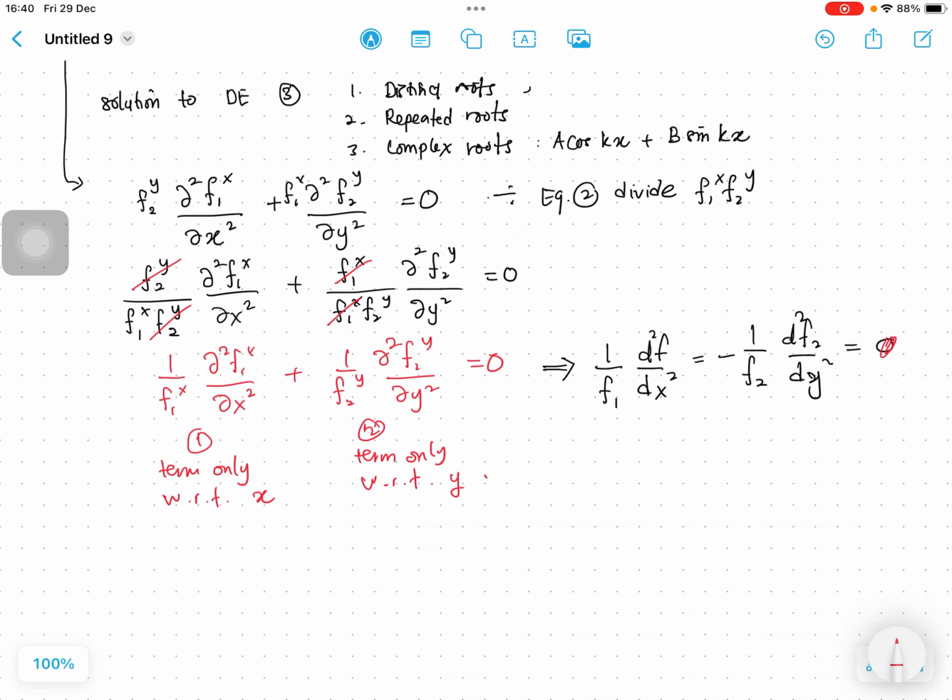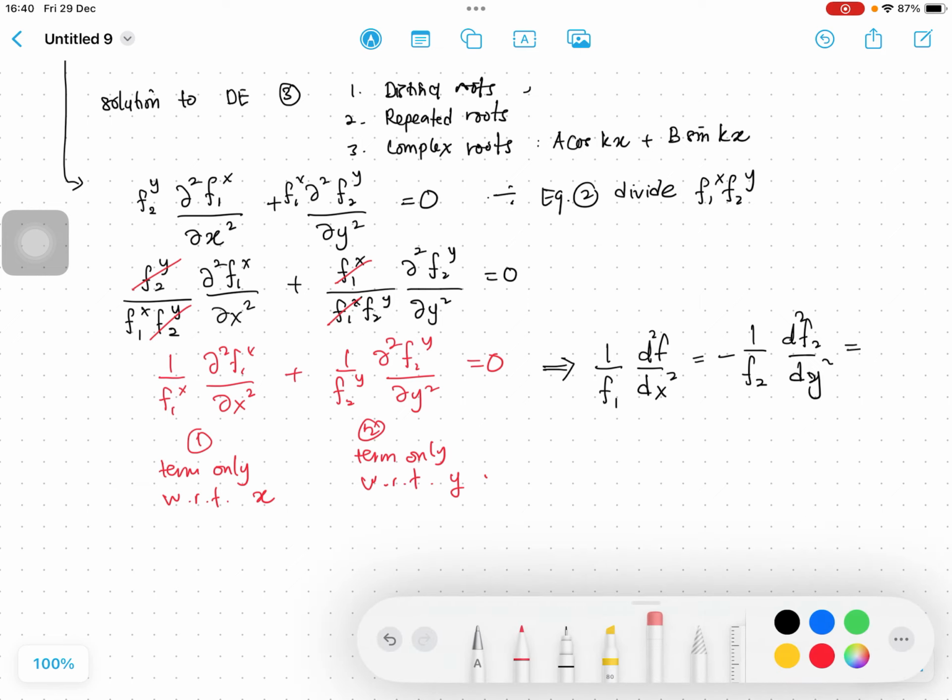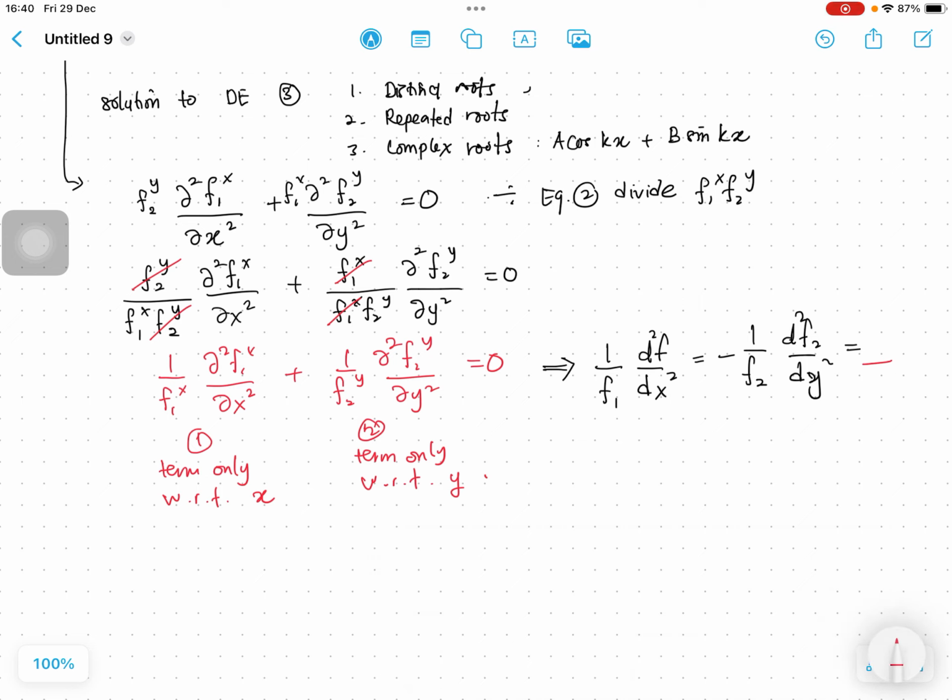Since these are equal, they should equal some constant.